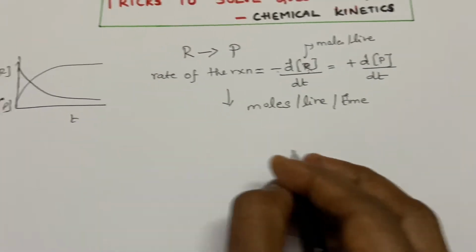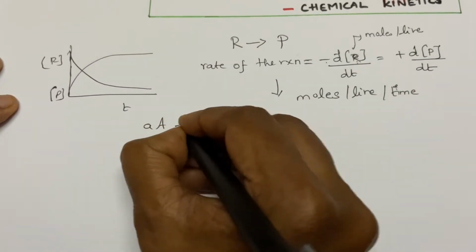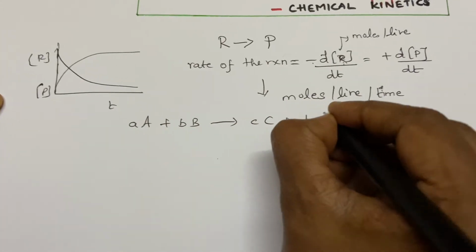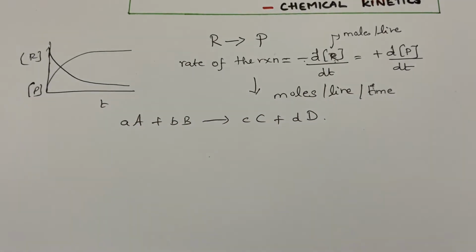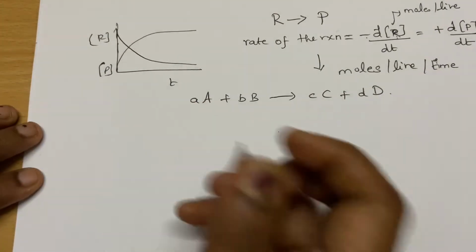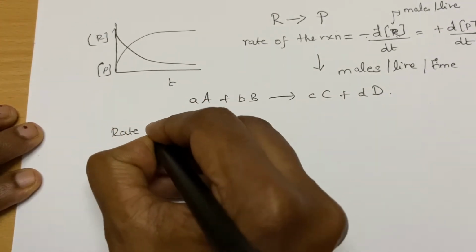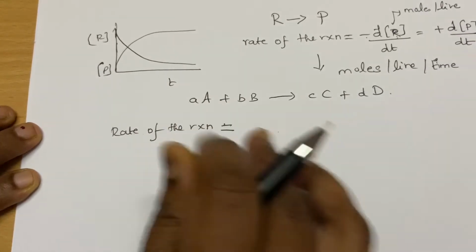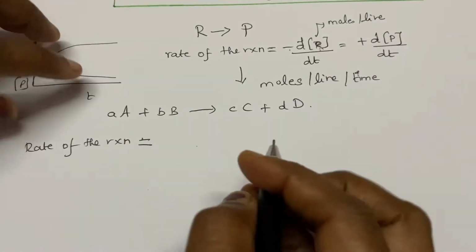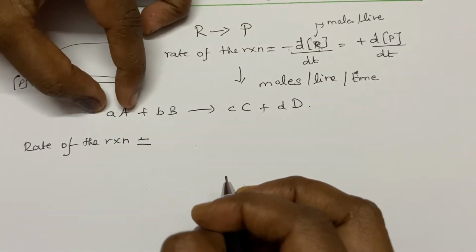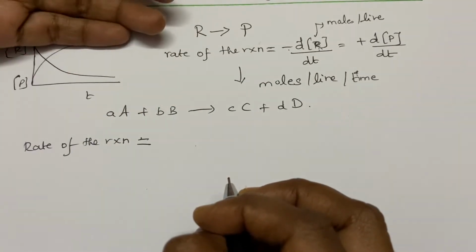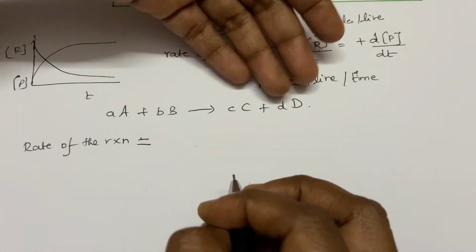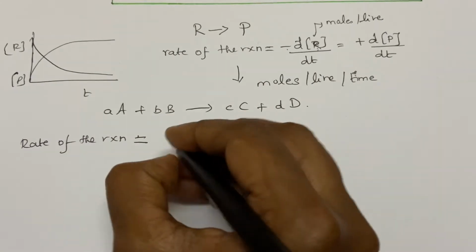So for a reaction like this, aA plus bB giving cC, where these small letters are the stoichiometric coefficients, the rate of the reaction can be determined by measuring any one of the quantities. See, either you can measure the disappearance of any one of these reactants, or you can measure the appearance of any one of these products with respect to time. So how can we do it?